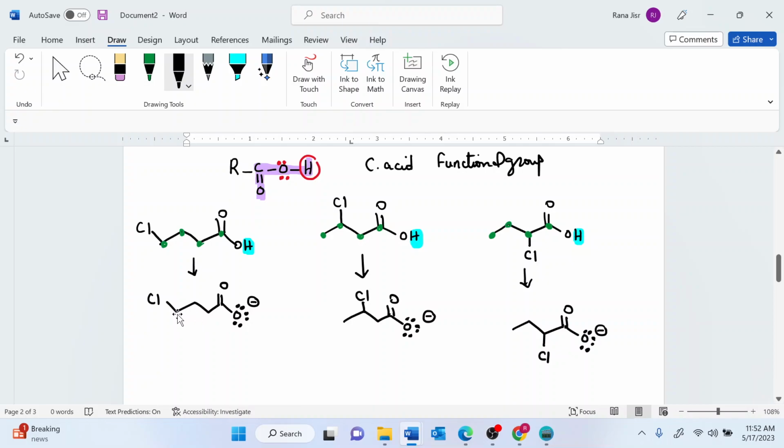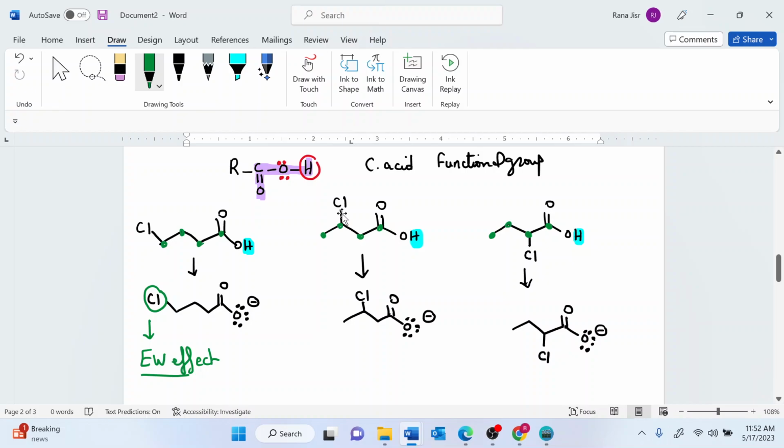It has an electron withdrawing effect, but that effect is going to be very low because the chlorine is very far away from the oxygen. The closer the chlorine is, the stronger the pull, the stronger the inductive effect, or the pull through the sigma bonds. So between those two, I can easily say that this one is going to be the least stable conjugate base. So it's going to be the least acidic. So this hydrogen is going to be the least acidic.